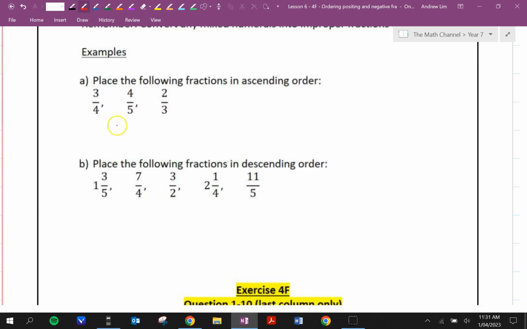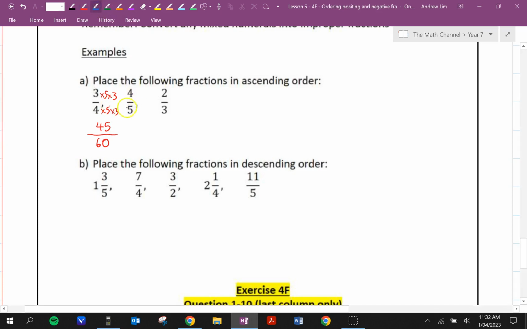So what we need to do is multiply that 4 by 5 and 3. So we're going to do the same thing here, 5 and 3. That gives us 4 times 5 is 20, times 3 is 60 in the denominator. 3 times 5 is 15, times 3 is 45.